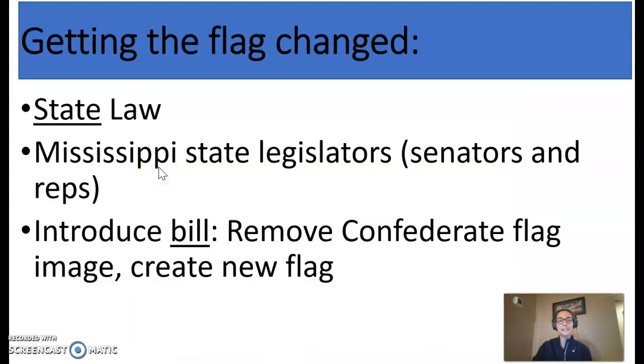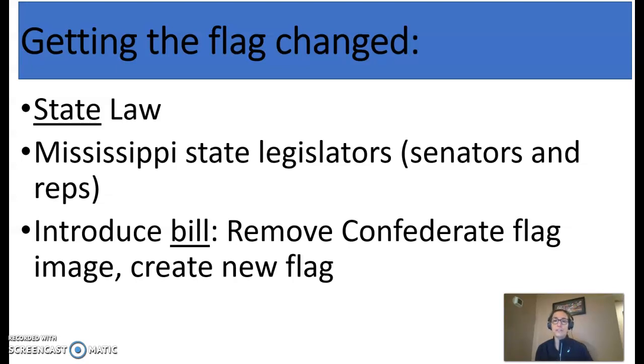So there was an idea to amend the state law in Mississippi as to what that flag should be. Remember, this reminds us of our concept of jurisdiction: we in Massachusetts can't really change a law that affects what the flag is in Mississippi. It has to come from the Mississippi legislature, which has jurisdiction, or the power to make this change.